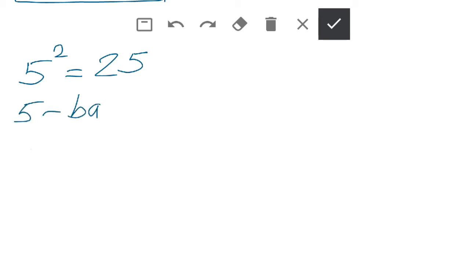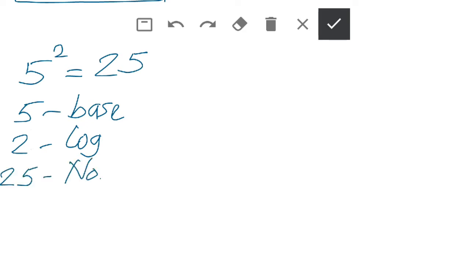Let's take one more example. When you write 5 squared equals 25, what do we mean? In this case, just like before, 5 represents the base, 2 represents the logarithm, and 25 represents the number.